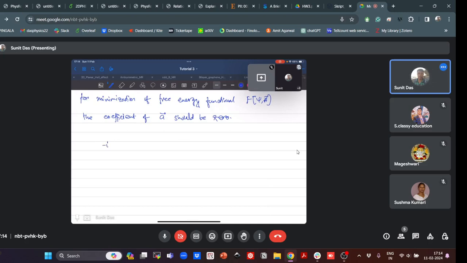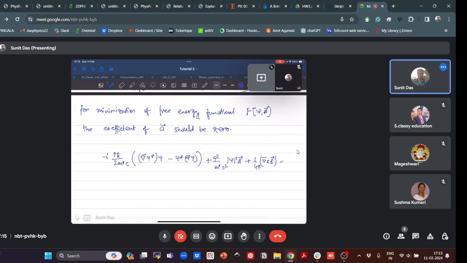we'll have minus i q h bar by 2m star c, grad psi star psi minus psi star grad psi, plus q square by m star c square mod psi square a, plus 1 by 4 pi curl of B, equal to 0.